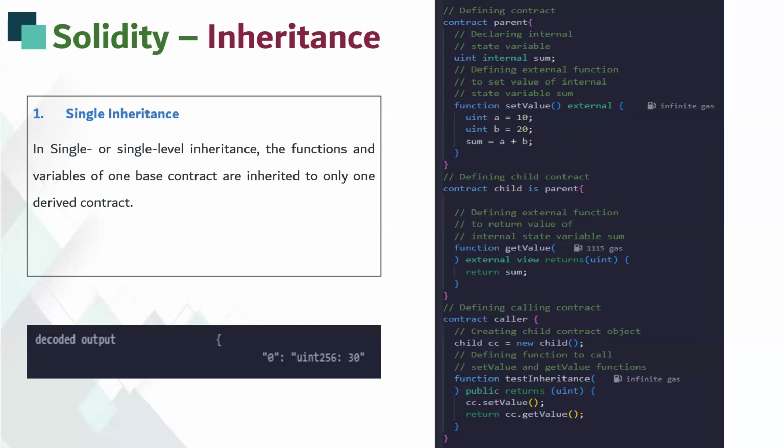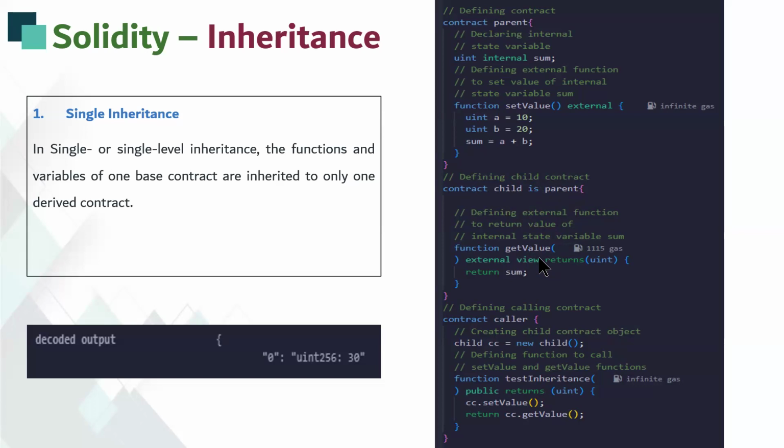Then we have the child. The child contract is defined with the keyword is: contract Child is Parent. So we add is followed by the name of the base contract, Parent. This signifies that the child contract inherits from the parent contract, so the child contract inherits features from the parent contract.